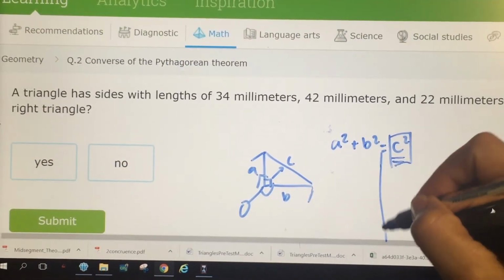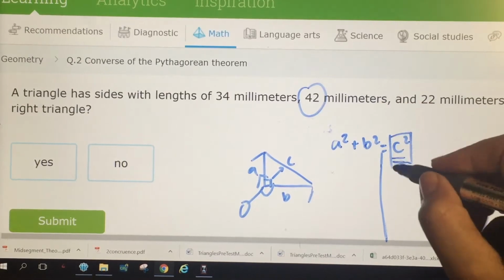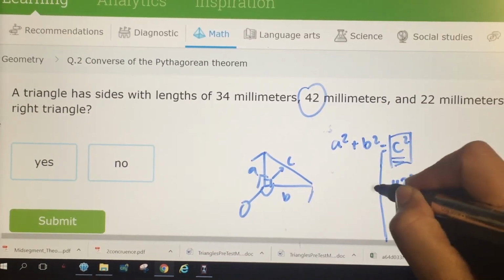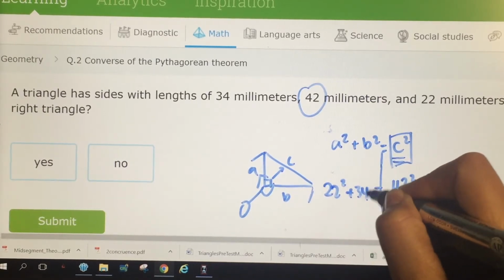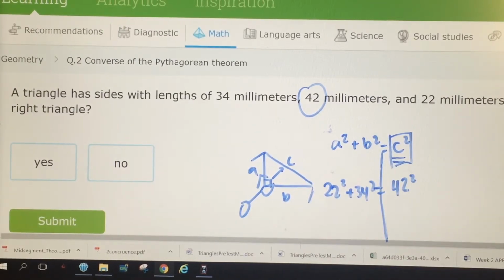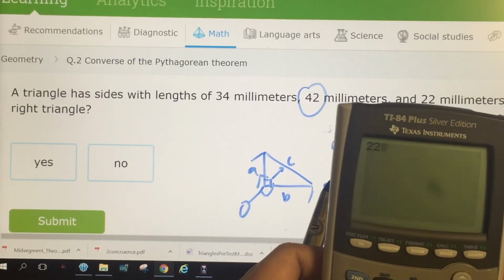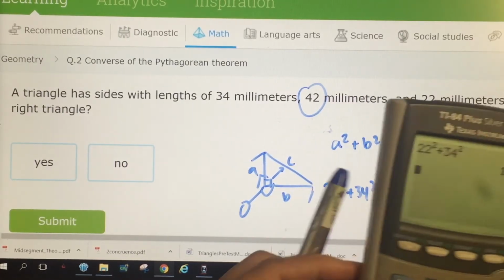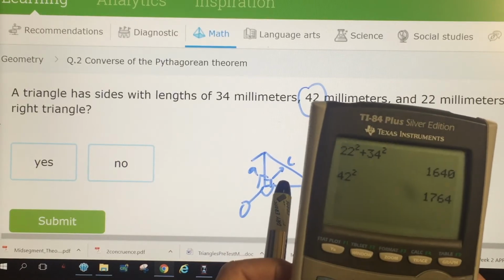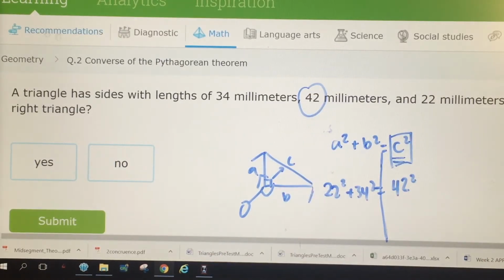All right, so find the longest side. So the longest side is 42, so that's C. So 42 squared equals, A and B don't matter, so 22 squared plus 34 squared. And then check to see that it works. So 22 squared plus 34 squared equals, and we want to see that it's 42 squared. Are those the same? No, so it is not a right triangle.